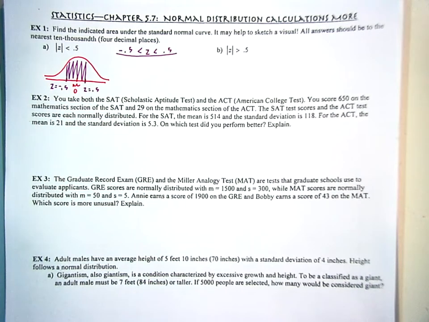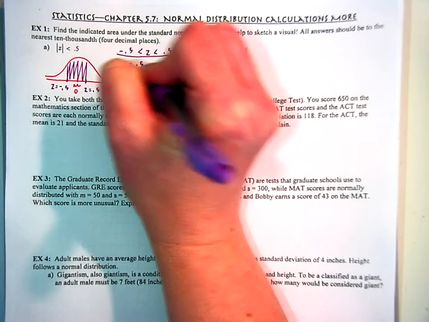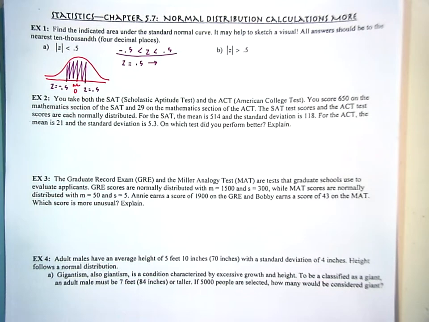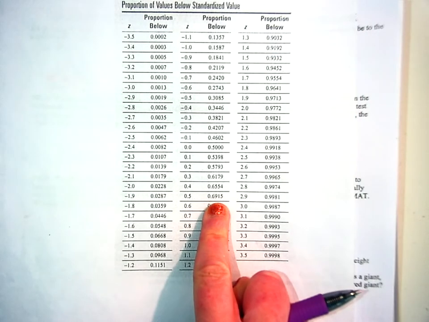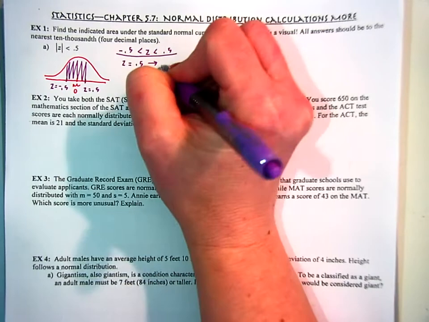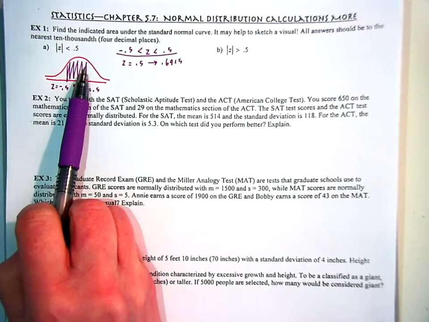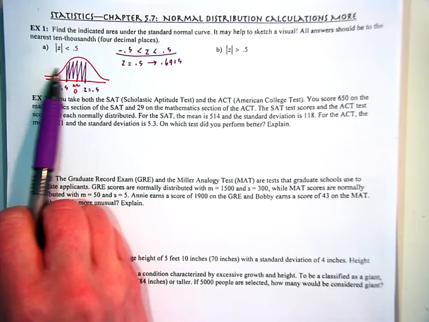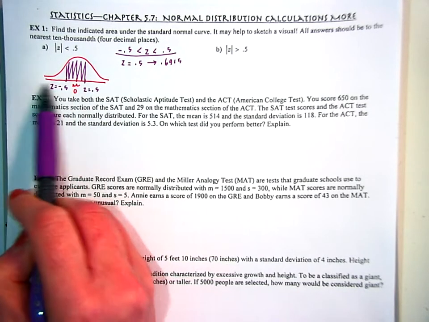So I know that if I look up a z-score of 0.5, it's going to give me an area below of 0.6915 right here. And that's telling me my area to the left, my area below that z-score. So I also need to know the area below the negative 0.5.